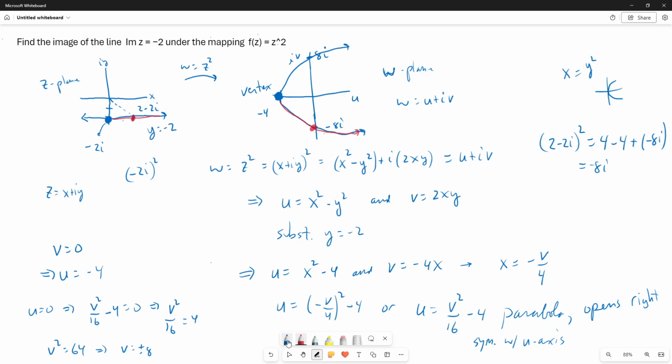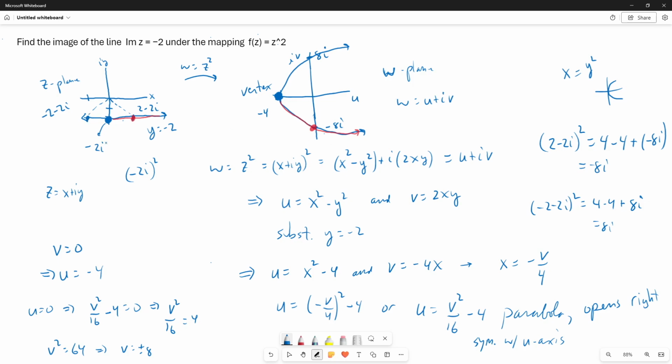And similarly, if we consider the point over here, similarly the 45-degree point, which would be negative 2 minus 2i, if we square that, then we will get the same 4 minus 4 here. This one squared is 4, this one squared is negative 4, and then we'll get plus, and negative 2 times negative 2i is 4i, and then double that, so 8i.